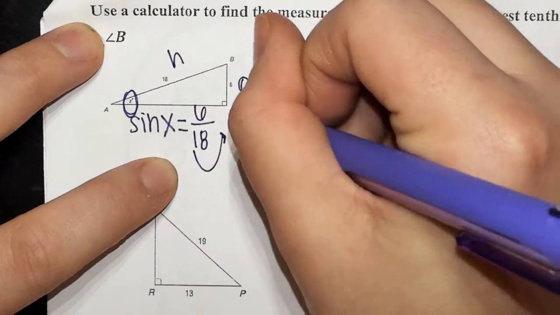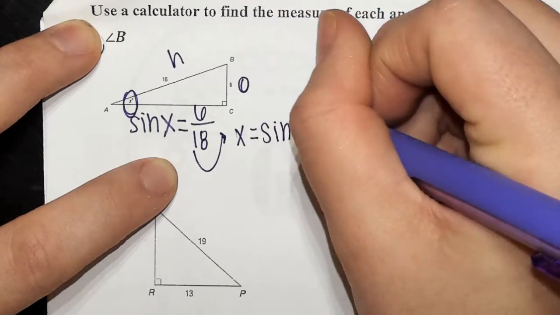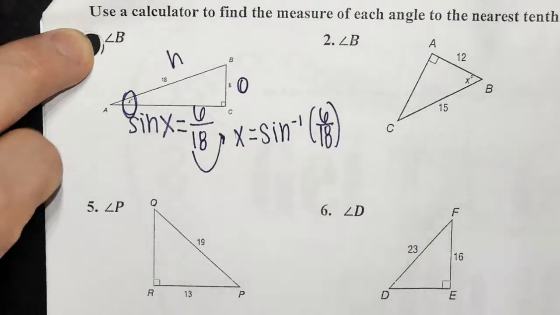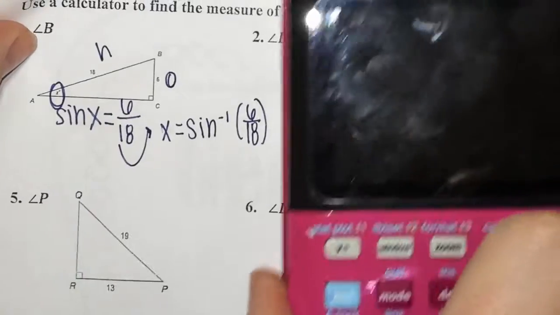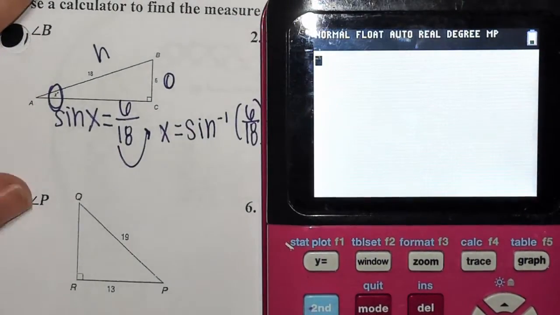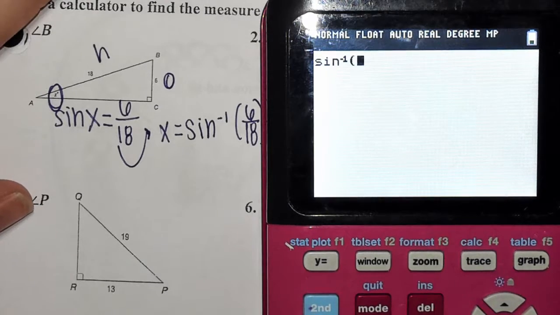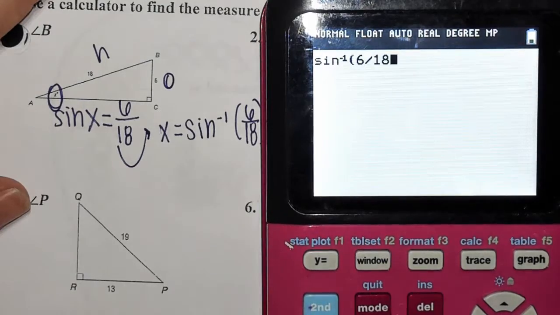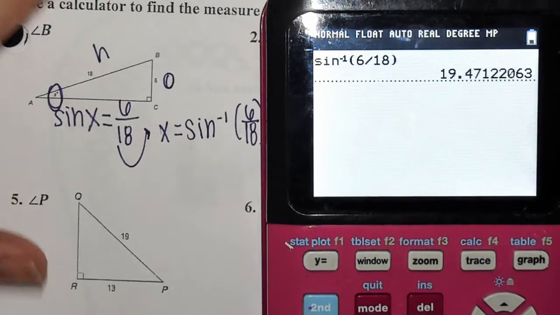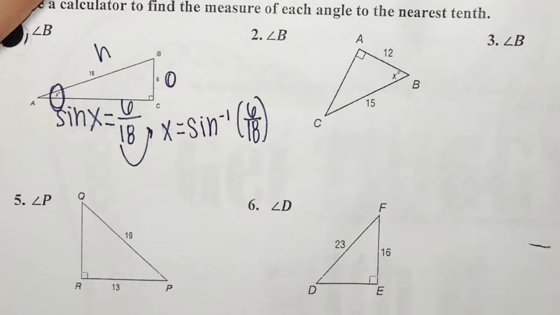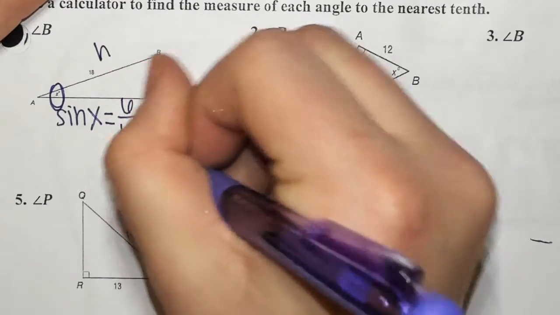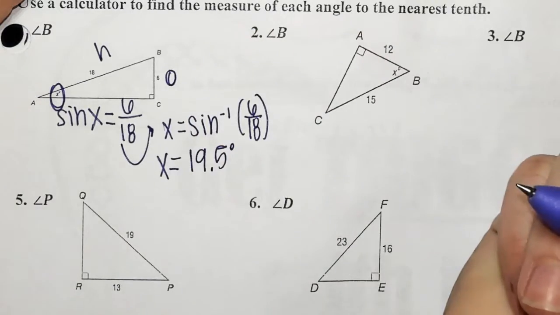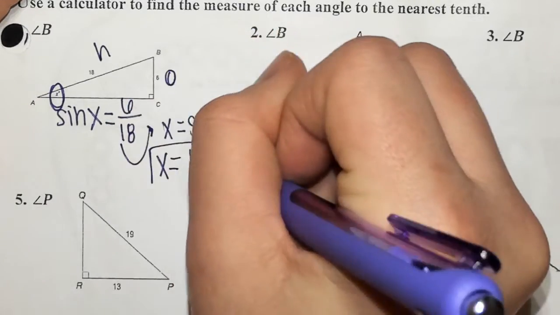So x is equal to sine inverse of 6 divided by 18. In your calculator, you would do second sine 6 divided by 18. Round it to, what's it say? 1/10. So x is equal to 19.5 degrees. And that is your answer.